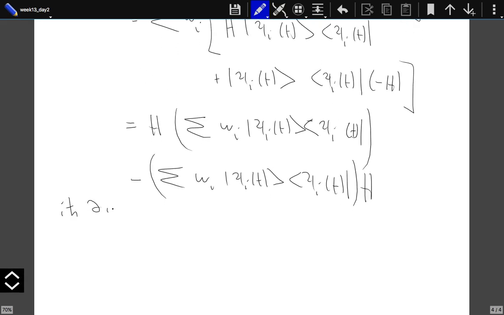Or i h bar ∂ρ/∂t is equal to Hρ minus ρH. It's just a commutator of the Hamiltonian with this rho operator.